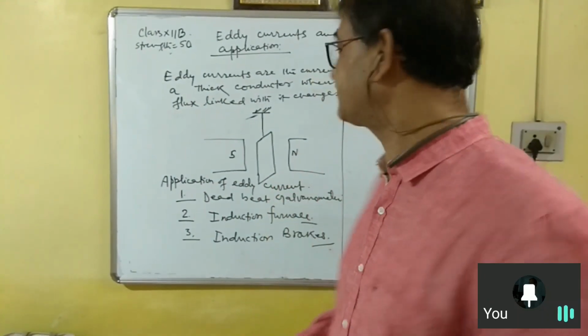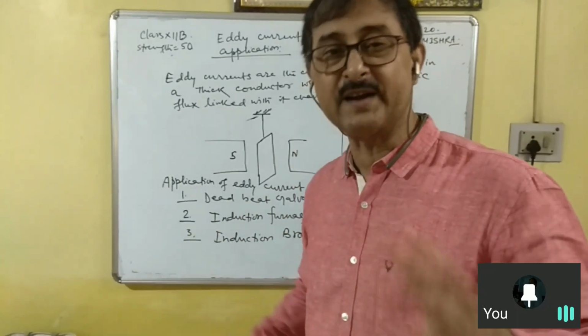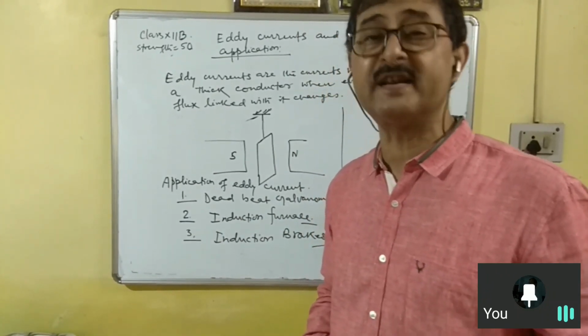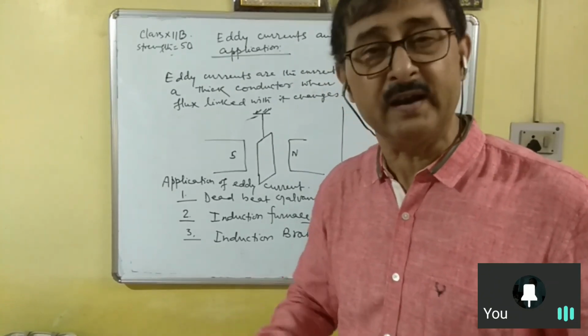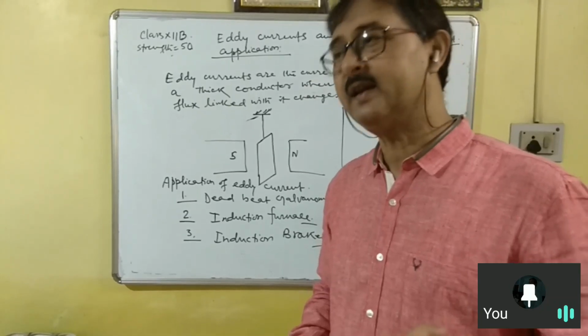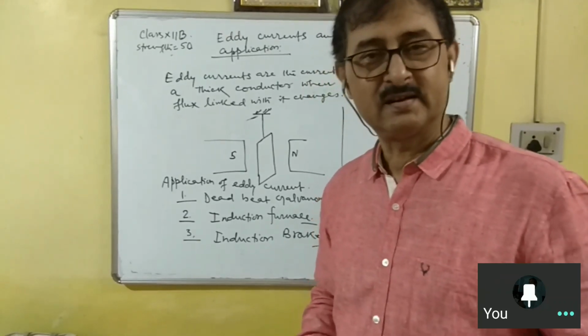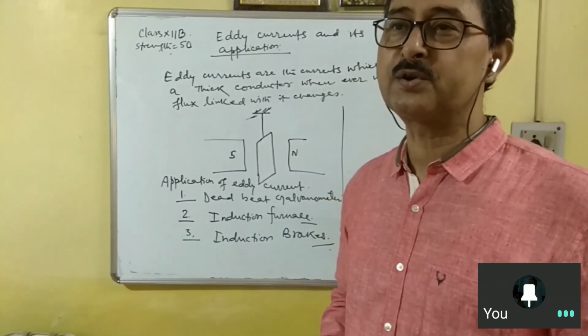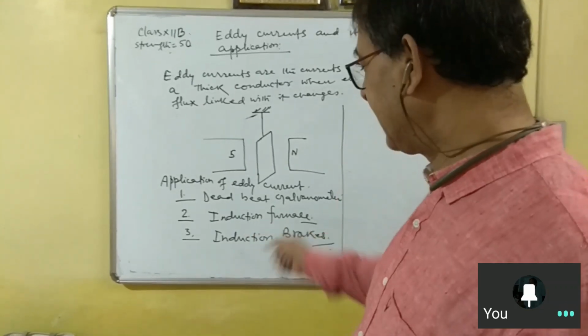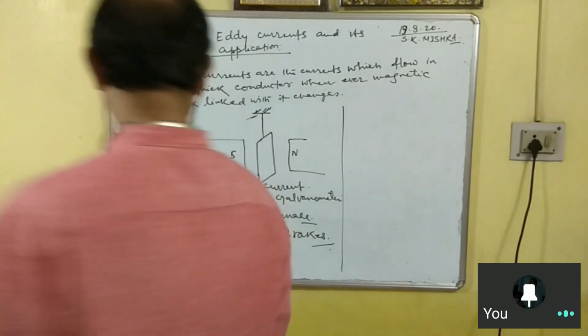Whenever there is a change in magnetic flux, current will be produced, and because of that eddy current it will oppose the reason. The reason is the rolling of the wheel, so that will stop the wheel. In other words, an anti-torque will act, that will stop the rotation of the wheel. So this is the application in the induction brake.